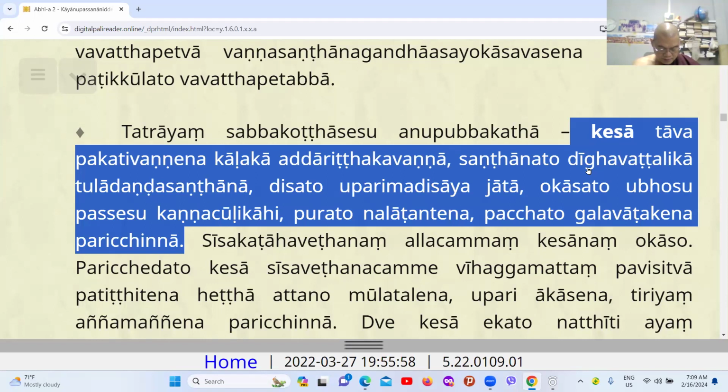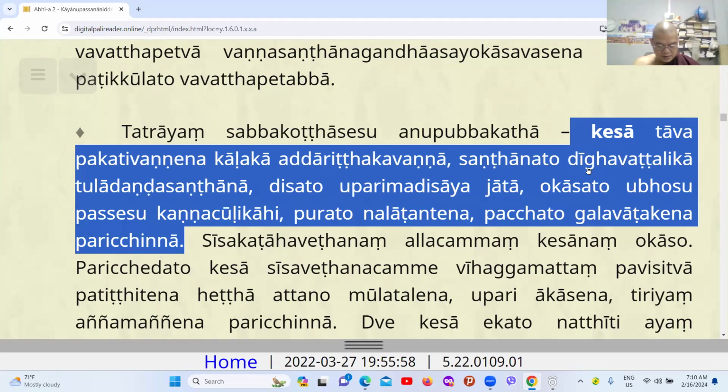Okasato, the place. Disa is direction, okasa is the place. Ubhosu passesu kannacuLikahi, for both sides, by the ears above. Purato nalatante, at the front, the end of the forehead.